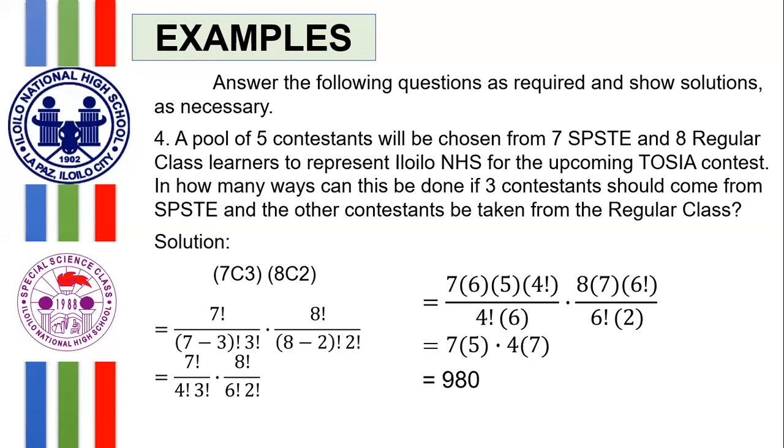Hence, there are 980 ways for you to choose these 5 contestants given these conditions. I hope you got this correctly as well. And if you did, congratulations. And let's have one more question.